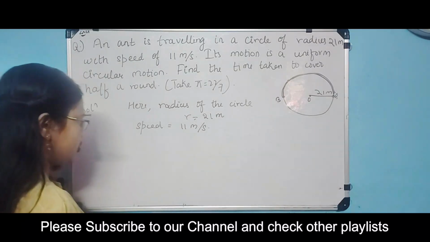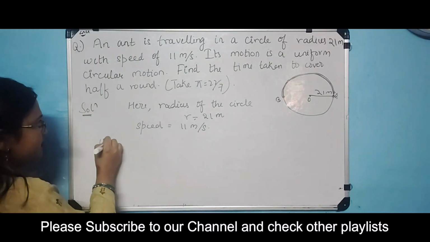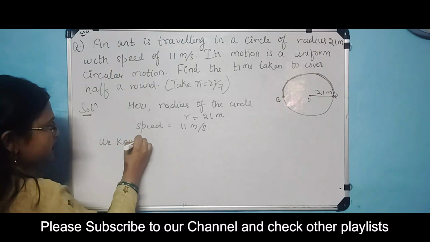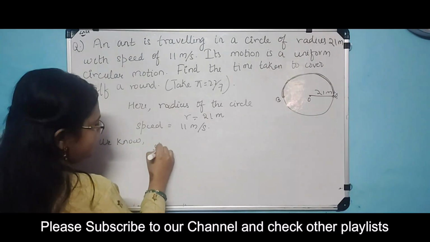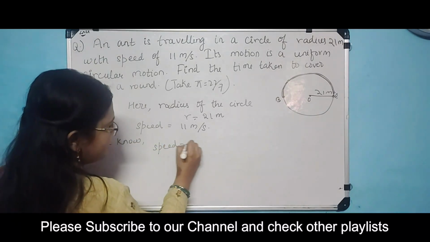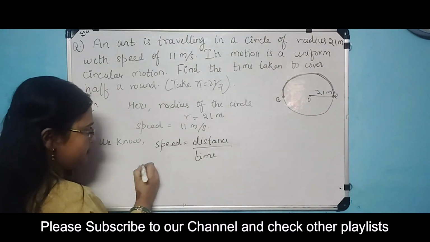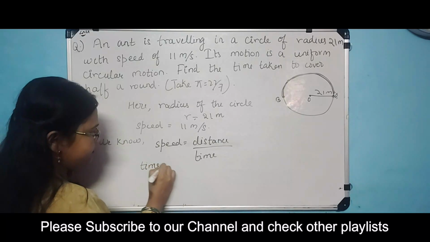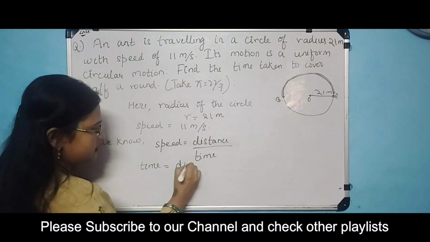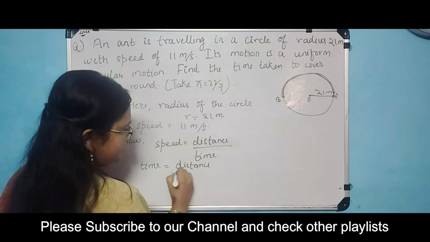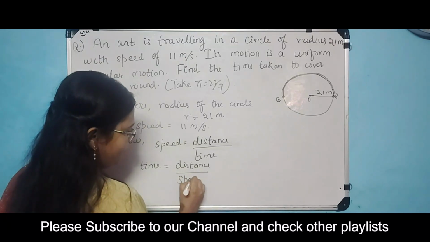So in uniform circular motion we know speed is distance upon time. So time is distance by speed.